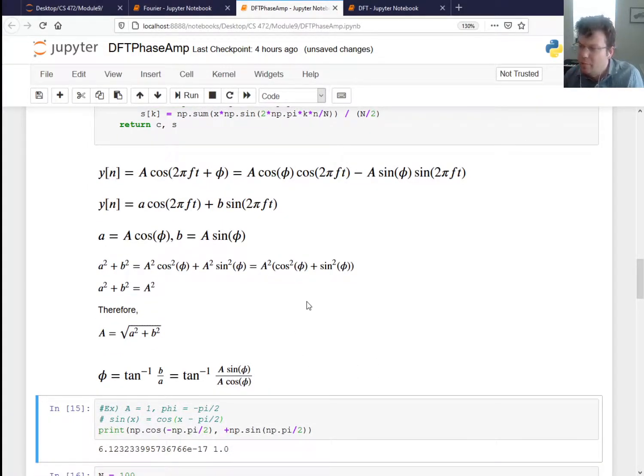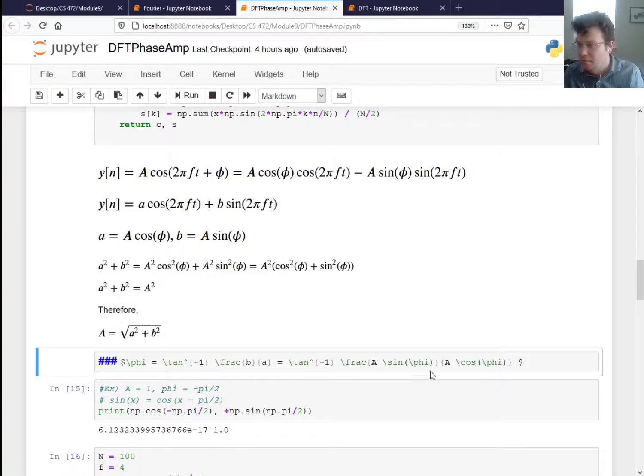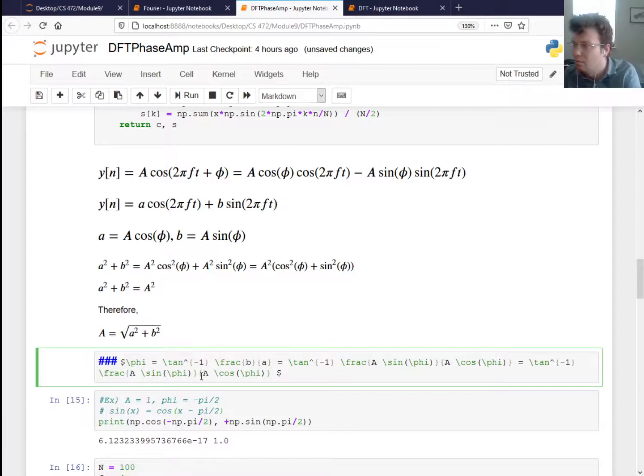Okay, so what we remember is that the tangent is opposite over adjacent, which also can be written as sine of phi over cosine of phi. So yeah, I see the big A cancels out here, so I can actually write this simply as the inverse tangent of sine of phi over cosine of phi.